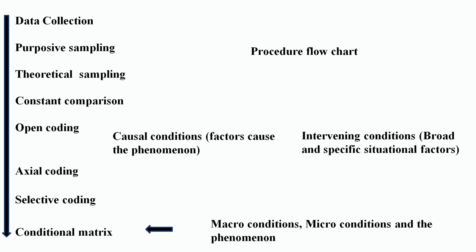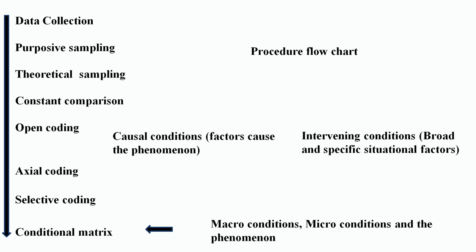This diagram gives you a detailed understanding of conducting the grounded theory approach. First aspect is data collection. Normally the sampling process that we adopt here is purposive sampling. We should have an idea about the respondent and how the respondent is going to give you the answer.